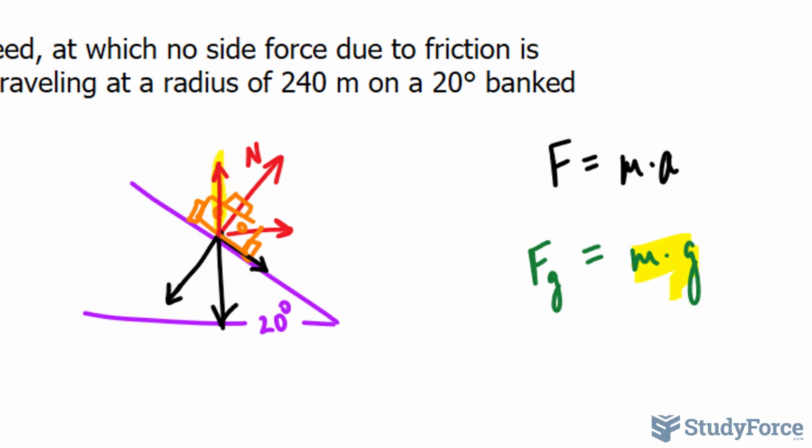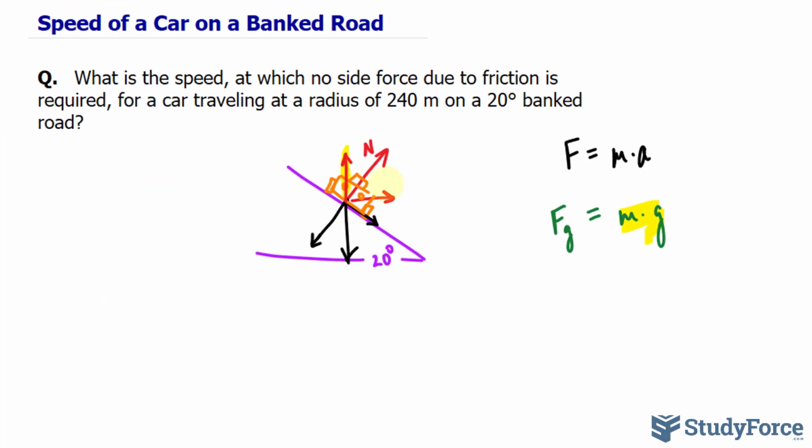So now we have to write down an expression for that vector. We will in a moment. The other thing you have to consider is that the centripetal force must equal the x component of the normal. So remember, centripetal force is equal to the mass of the object times the radial acceleration, which I'll denote as a sub rad, or you can denote it as a sub c for centripetal acceleration.